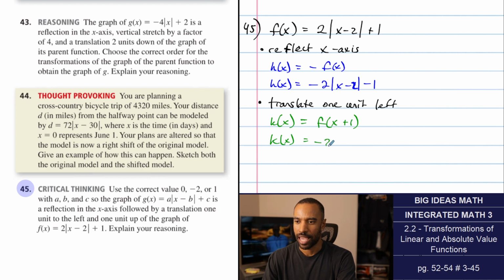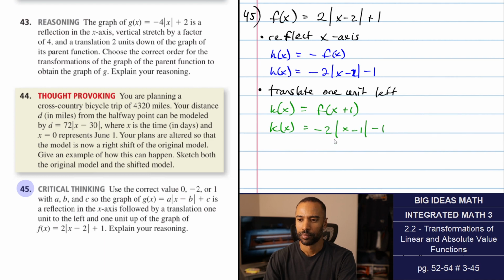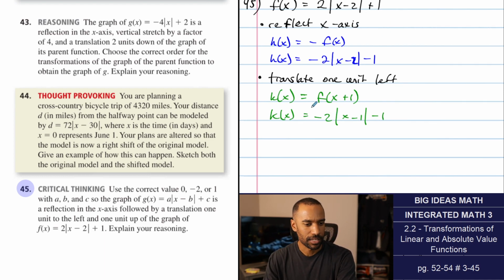So this will be negative 2 times the absolute value of x plus 1, and then minus 2. So 1 minus 2 is negative 1. Minus 1. Now we're going to translate 1 unit up.